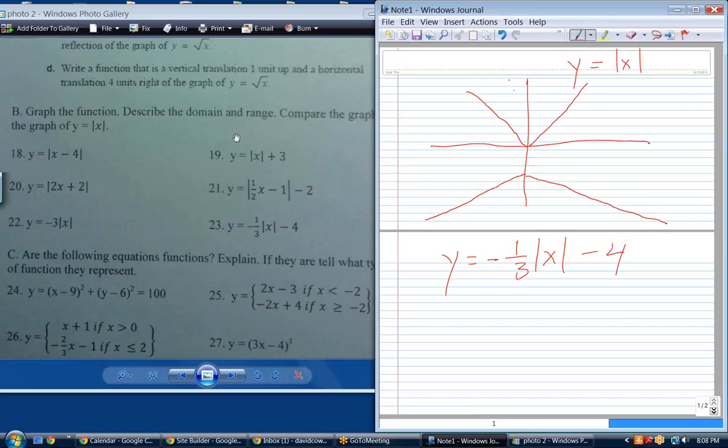Okay? Well, we didn't talk about the domain and range. Once you've graphed it, it's pretty easy to talk about the domain and range. What is the domain and range of this one here? Now let me put the parent one in dotted lines like I should have. So the one we just graphed, the one in solid line, what's the domain of that?